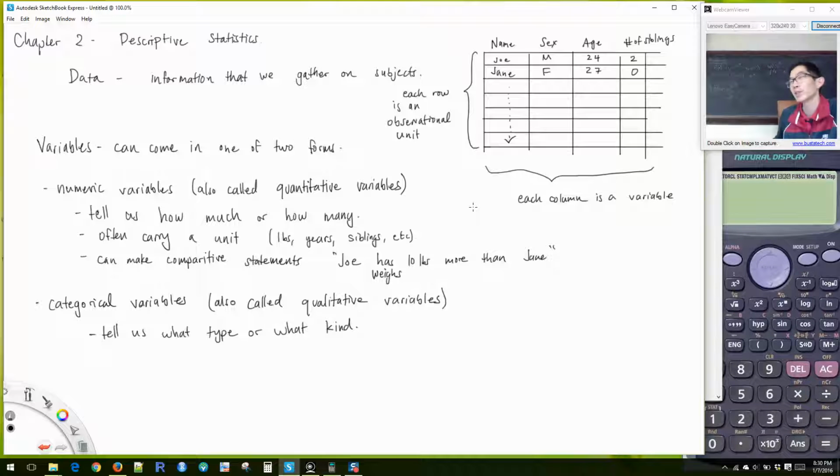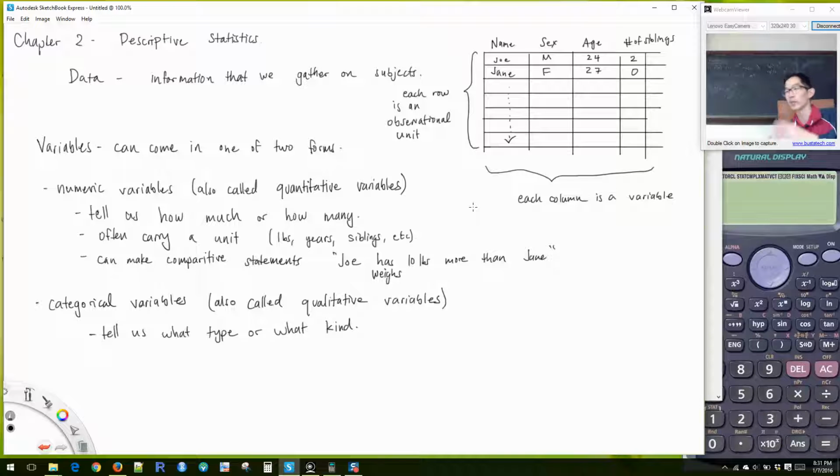So something like weight would be continuous because even though we generally report our weight to the nearest whole pound, if we had a very accurate scale, we could say someone weighs 143.228 pounds and someone weighs 143.22645 pounds or something like that.